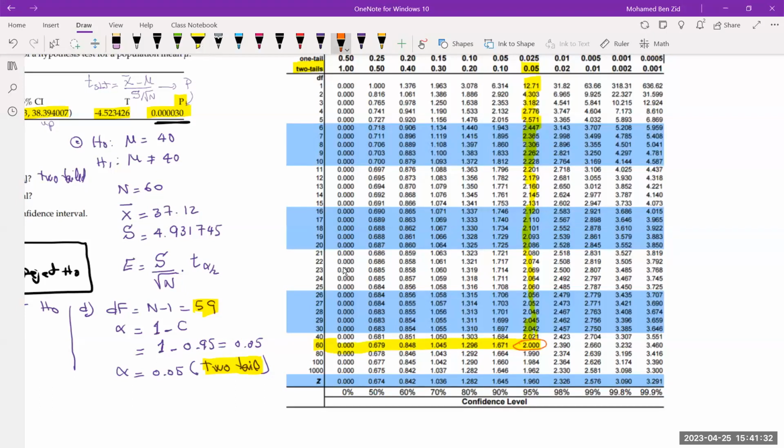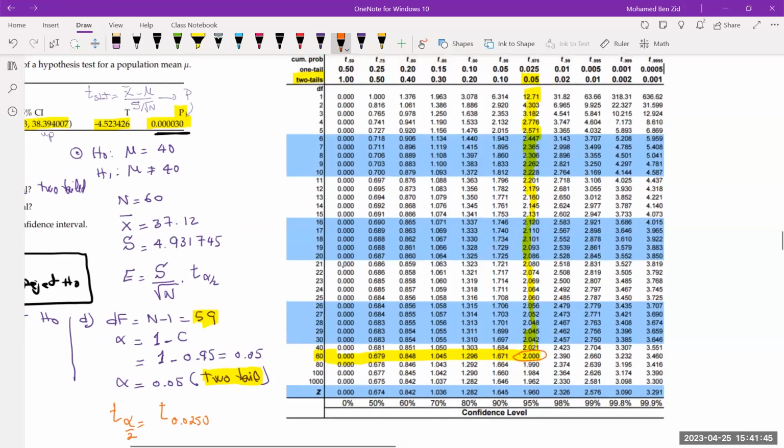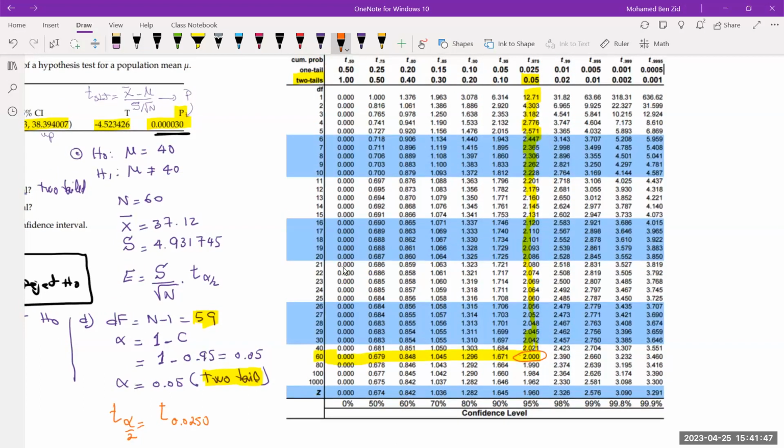so for the T of alpha over 2, that's going to be T of 0.025. That's the value in here, the top. That's alpha over 2. And this one is going to be equal to 2.00.